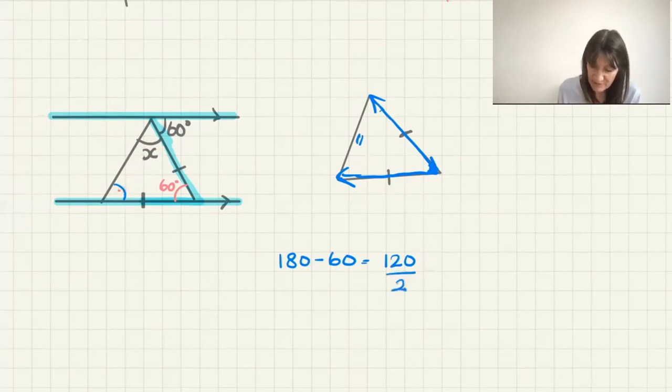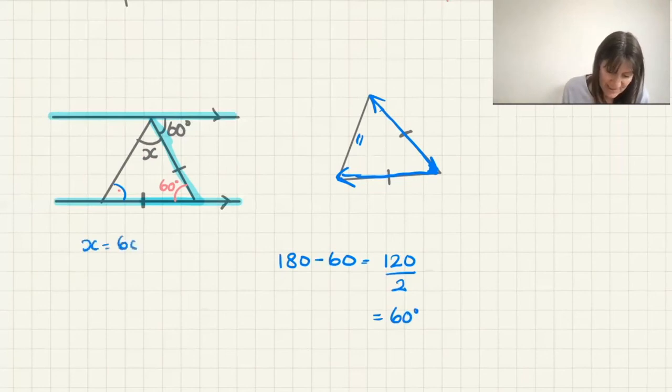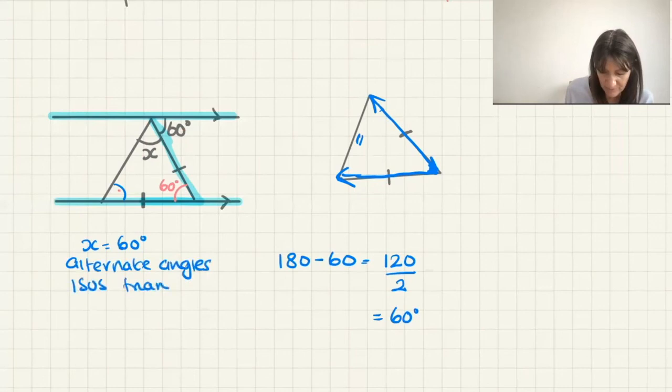So we divide through by 2, which actually gives us 60 degrees. So X is equal to 60 degrees. And what did I do? I used alternate angles as my very first step. And then I used an isosceles triangle to help me finish it off.